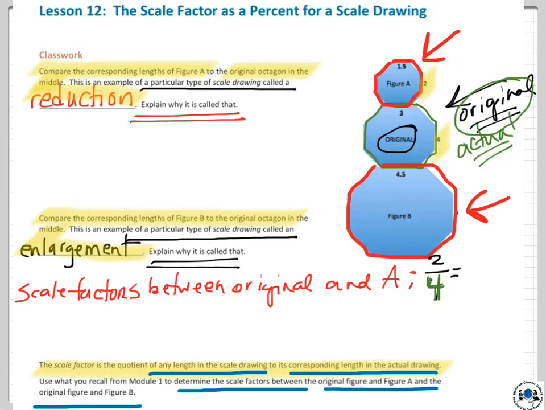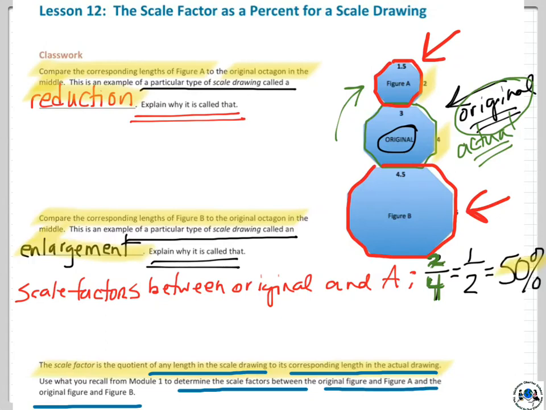And this makes sense because we've created a fraction that is 2/4, which is less than 1, smaller than a whole, which makes sense because we've created a reduction. We've gone down in size. Therefore, it makes sense that our scale factor would be less than 1. Now, 2/4 equals 1/2, which equals 50%.